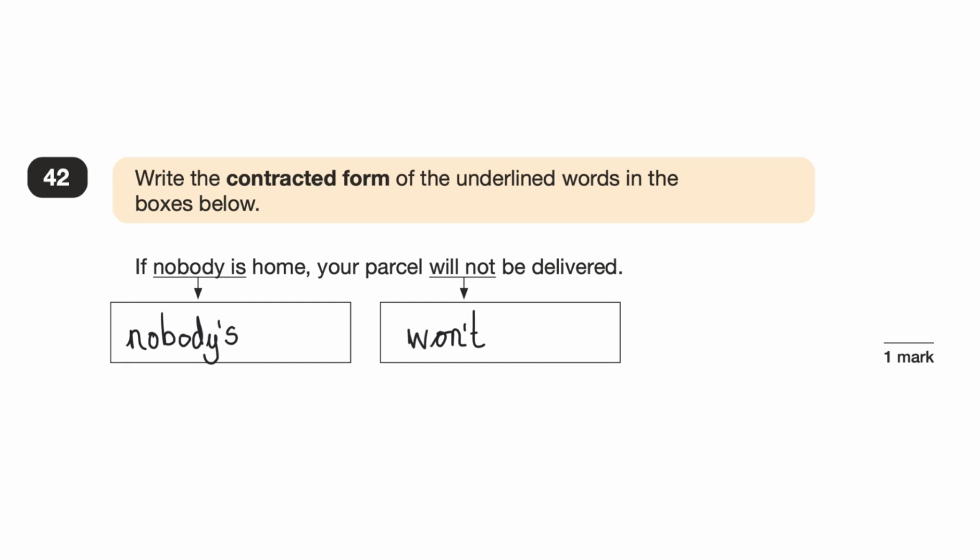Okay, and again, now that's an unusual one of those contractions, will not becomes won't. And again, it's a regular one, will not, does crop up, as you can see from some of the examples we've looked at already. It's important to remember that that contracts into won't. So again, nobody's, won't, and both of those will get us the single mark.